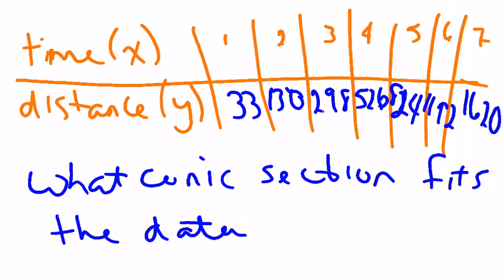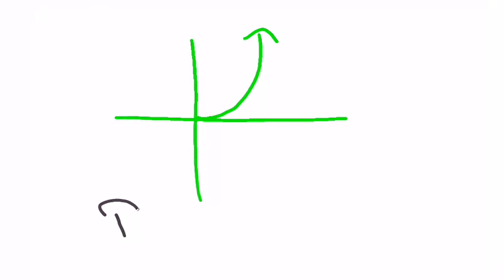So we have to think of the conic sections. You know, there's circle, ellipse, hyperbola, and parabola. And so what we do is we take this data and we actually graph it. So we want to get some graph paper and plot that and see what it looks like. So in short, it looks like this. When I look at this, it doesn't really look like any of my conic sections necessarily, but if I look a little further, it looks like half of a parabola.